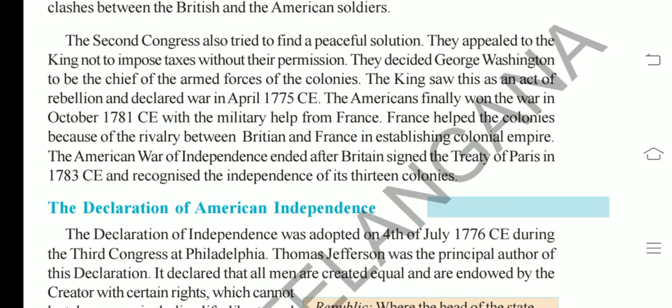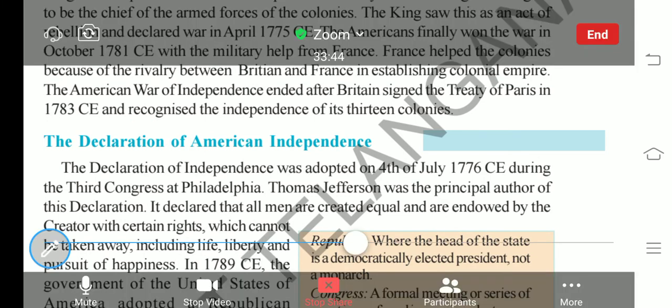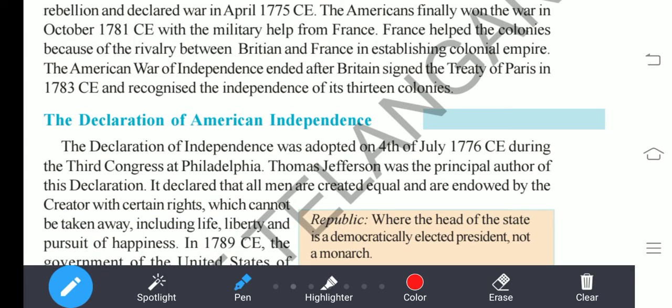Then the Americans had to declare their independence, right? The Declaration of Independence was adopted by the American people on 4th July 1776.